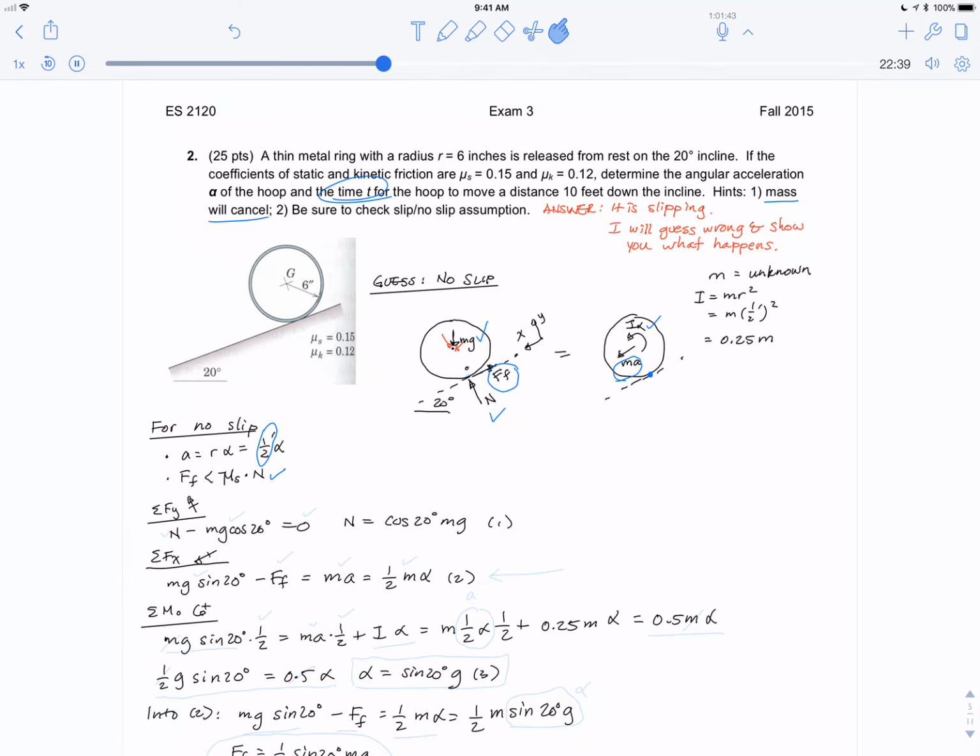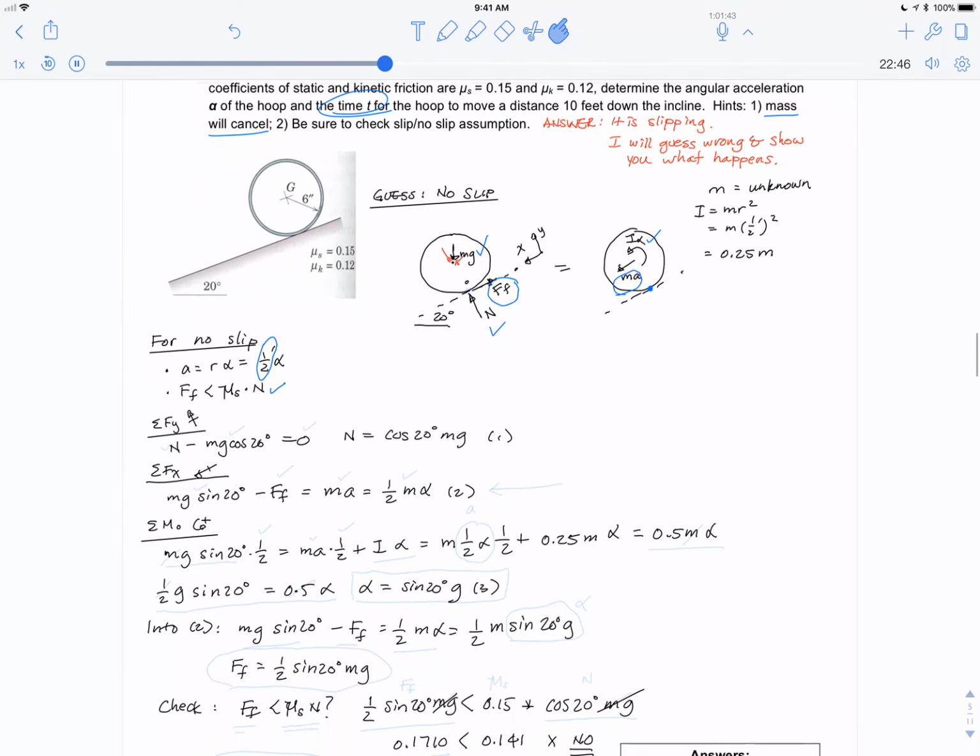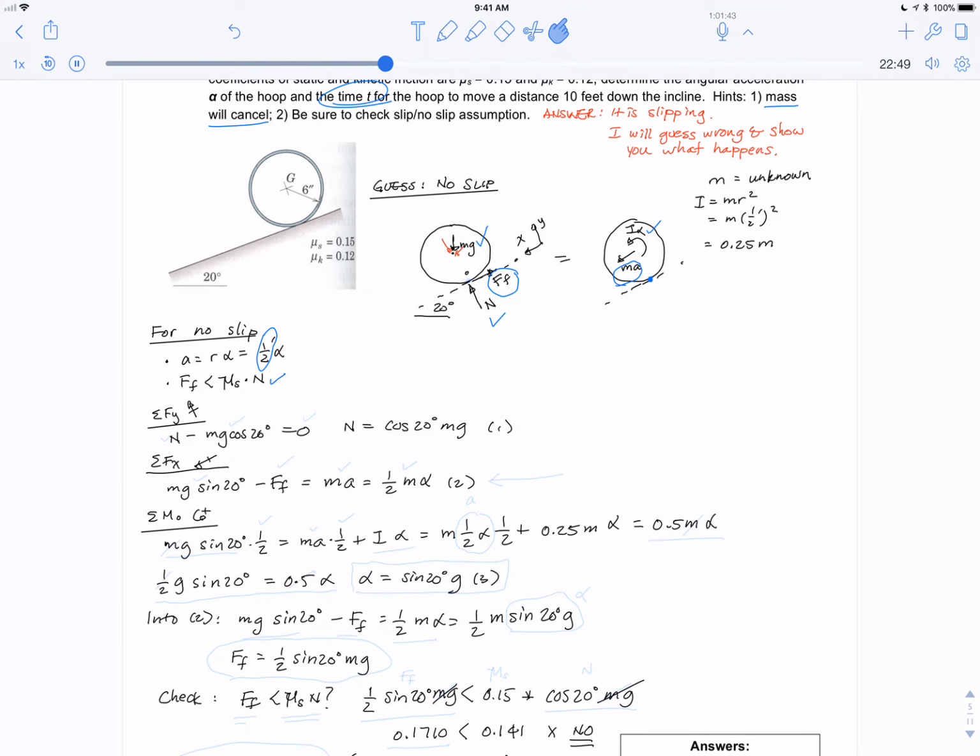Okay, so again, I'm going to take the y component first because I saw last time that that's going to just give that you can solve for N. So if you look at the left-hand side, you have mg, which is a weight, and it has a component going in the y direction of cosine 20 degrees.